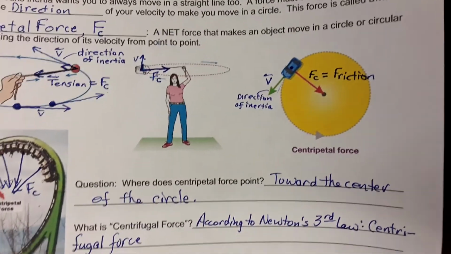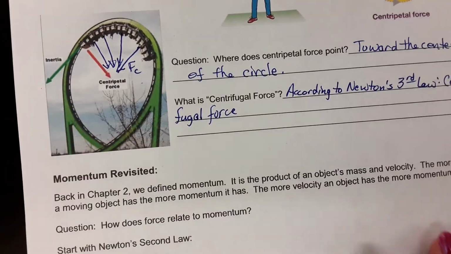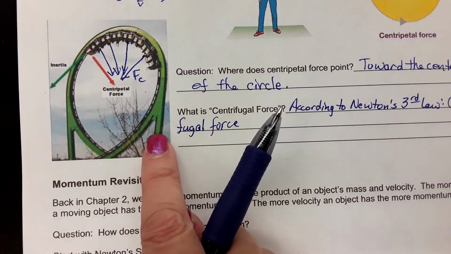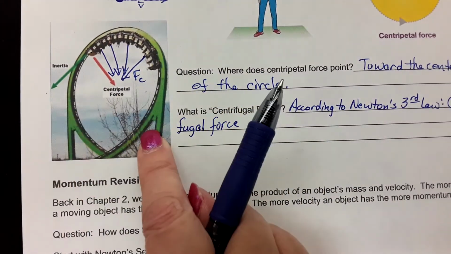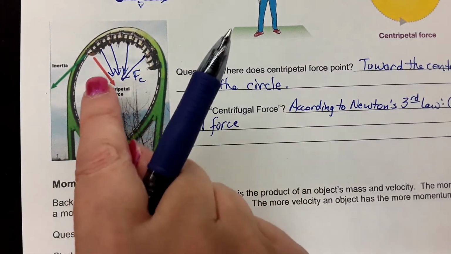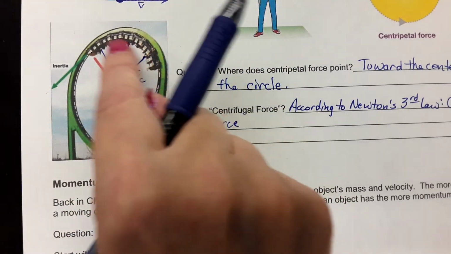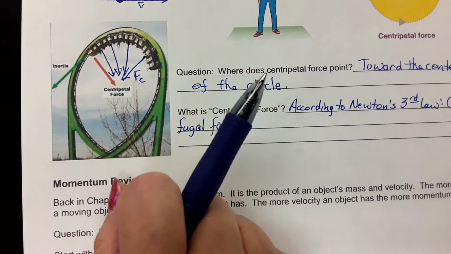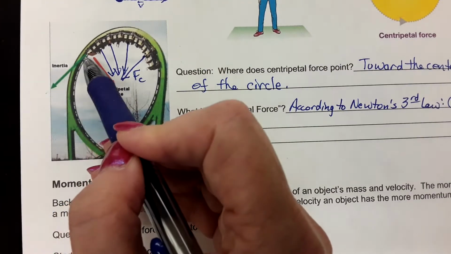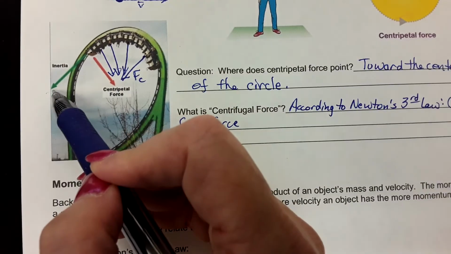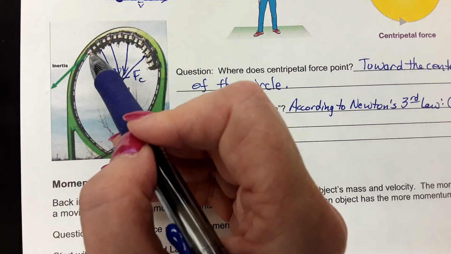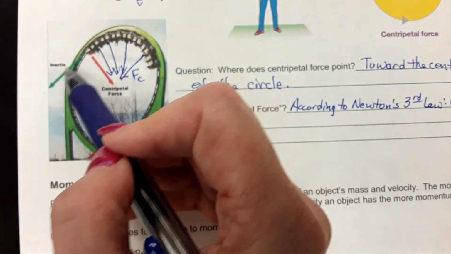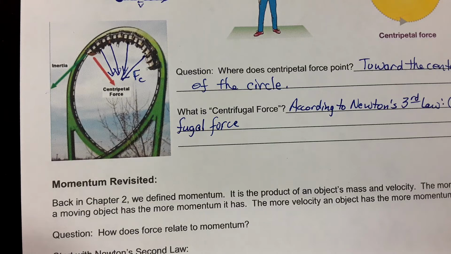So, now, look at this last picture. If you're on a roller coaster and you go around a circular loop, the centripetal force acting on each person and on the cars from the track points towards the center to change the direction of your velocity and your inertia. Your body and the car's body wants to travel a straight line all the time.